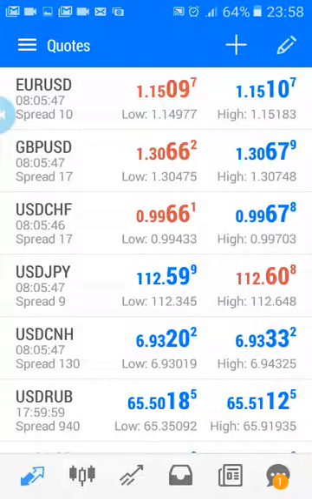So because brokers charge commission, or they charge interest, or they charge you however they see fit, they will put their prices on the code, and then they will price you that price. And whenever you buy that particular pair, you also pay a spread. So the spread of XM starts from 10 and it goes up.